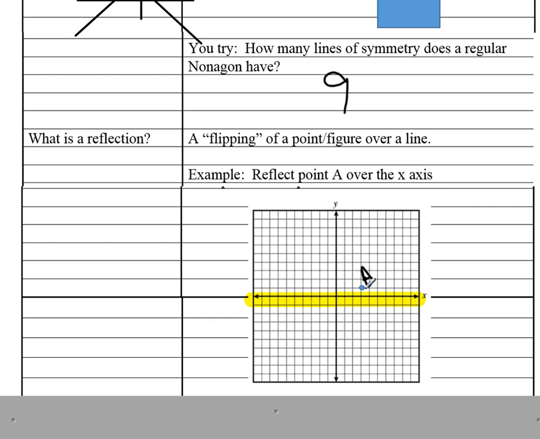So if we are going to reflect it over the x-axis, we won't be 1 above it anymore, but we will be 1 below it. So A will be at the point 3, -1, whereas originally it was at the point 3, +1. So as you can see, when we reflect it over the x-axis, our y value becomes negative.